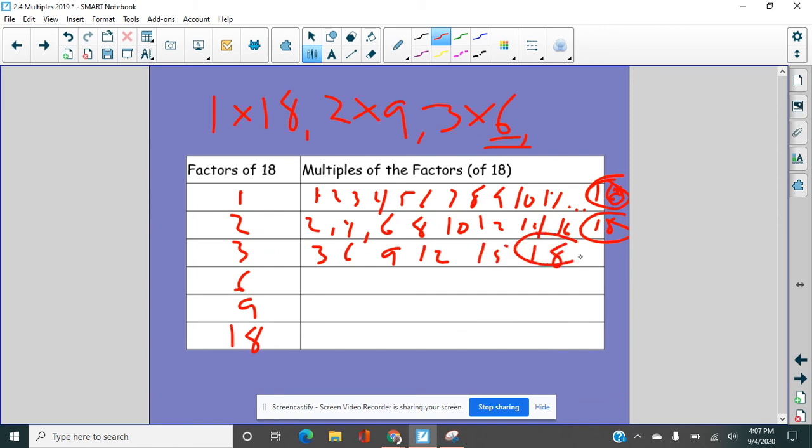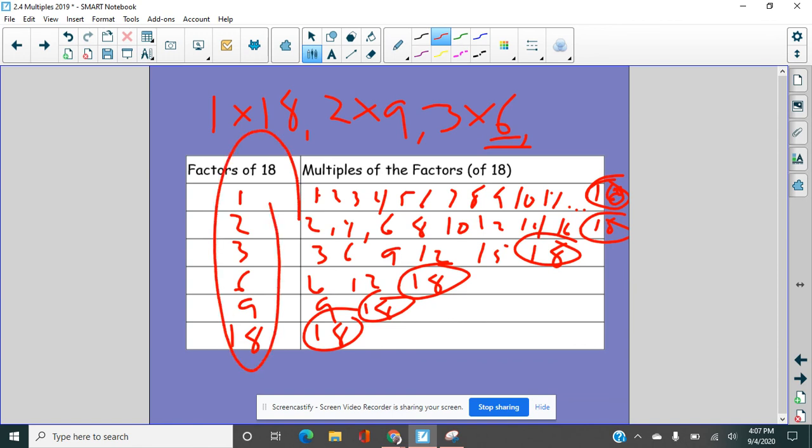Look, I always get to 18 eventually. 6, 12, 18; 9, 18; 18. Right? So for all of these factors, when I find the multiples of them, our number that we picked will be one of the multiples.